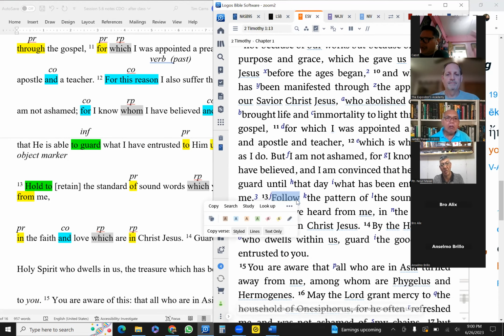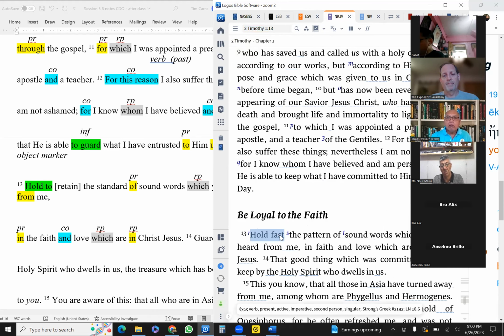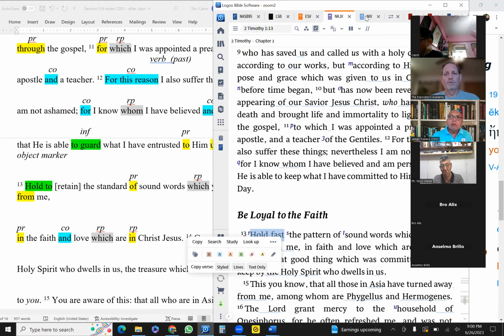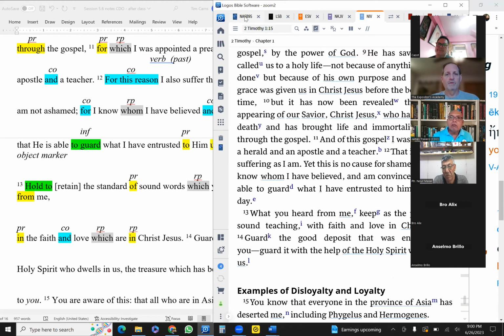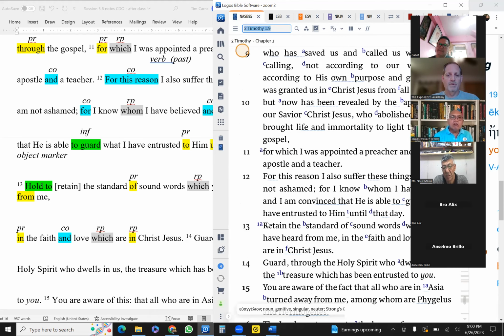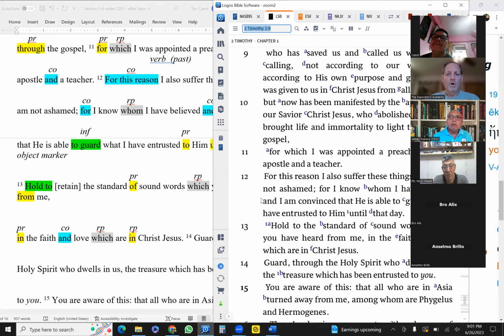Let's see what the New King James does. The New King James says hold fast. That's an older way to say it. The NIV says, what you have heard from me, keep. And then, of course, the New American Standard has retain. And then LSB put hold to. In every case, those are all verbs.